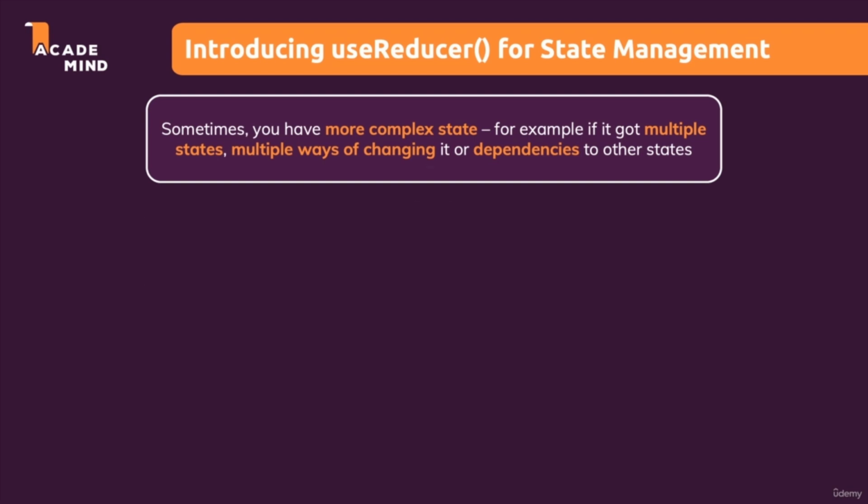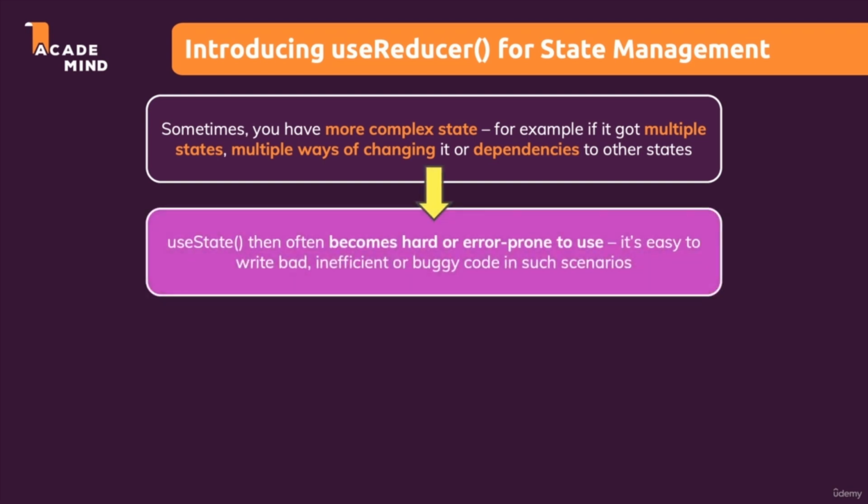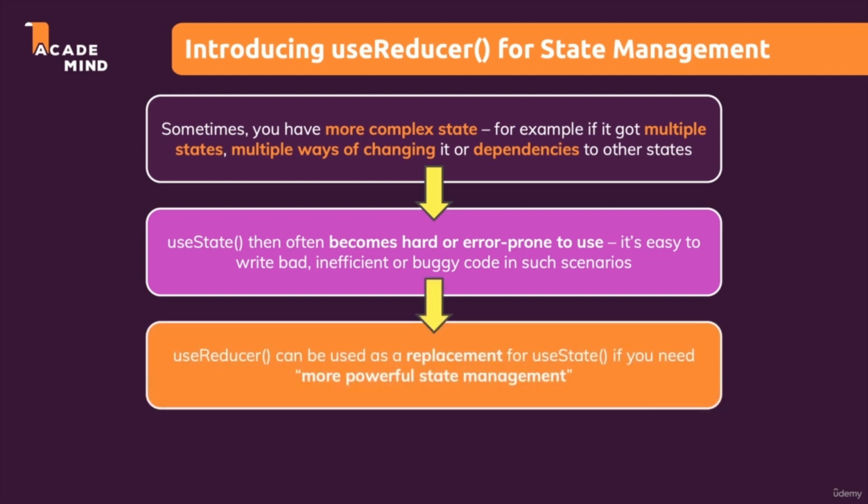In such cases, useState and the state you get from there often becomes hard or error prone to use and manage. And it's easy then to write bad or inefficient or potentially buggy code, which is of course never what we want. useReducer is then an alternative to useState, so it's a replacement if you need a more powerful state management.